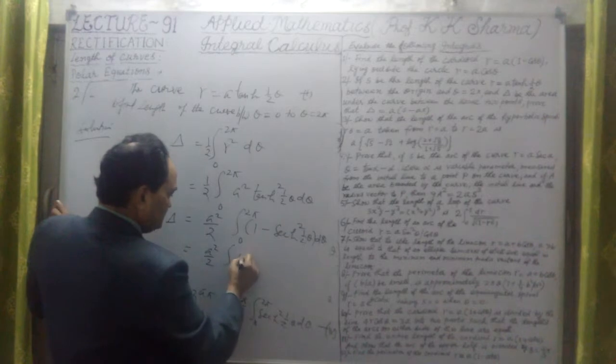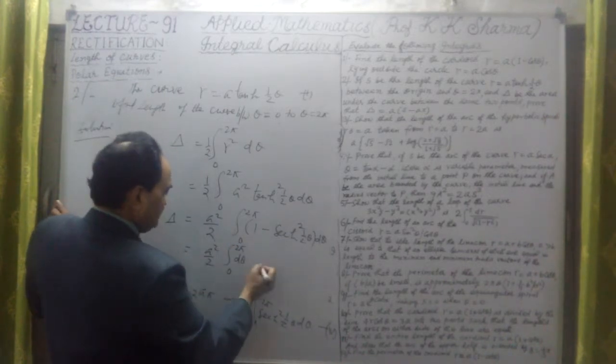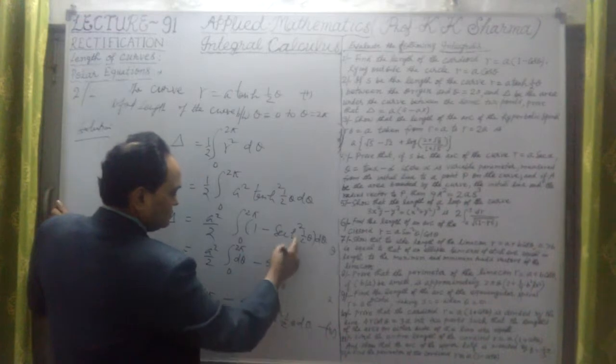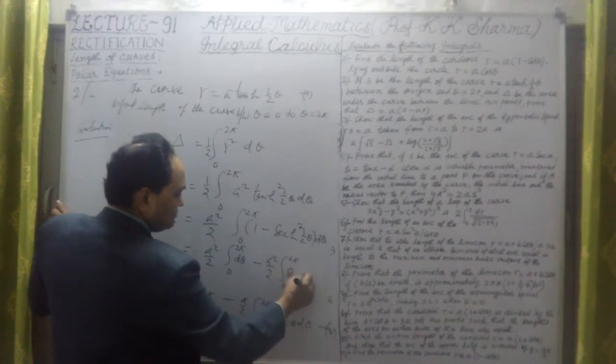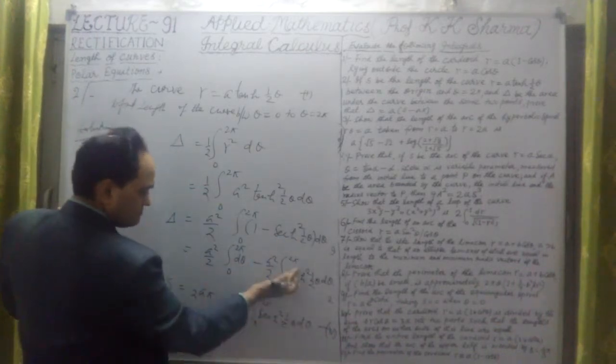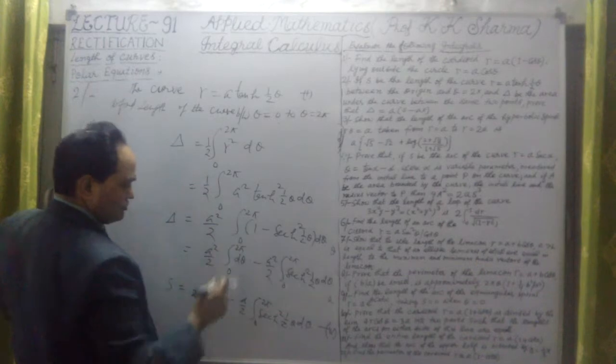Let me write d theta, 0 to 2 pi. Limits are the same, 0 to 2 pi. Minus the second part, a square upon 2 into 0 to 2 pi, sech hyperbolic square 1.2 theta into d theta. This part is the same, having only a common.